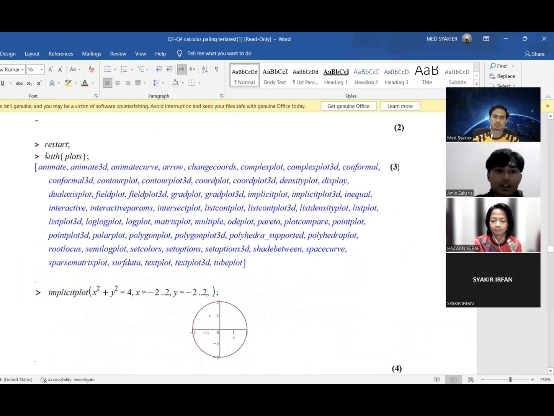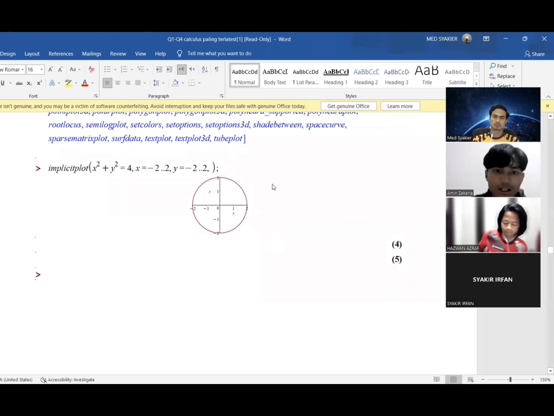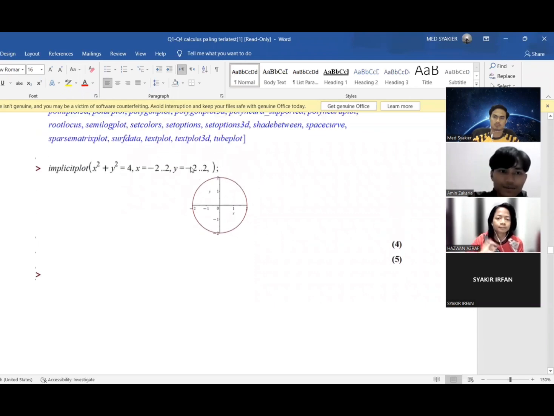Then for the next step, we have to write again restart and also with plot. If you see the blue word, that is a command. Then we need to write implicit plot, which means we have to find a shaded area.